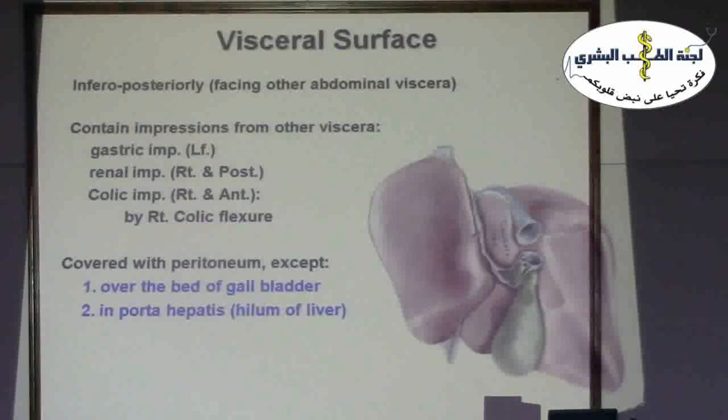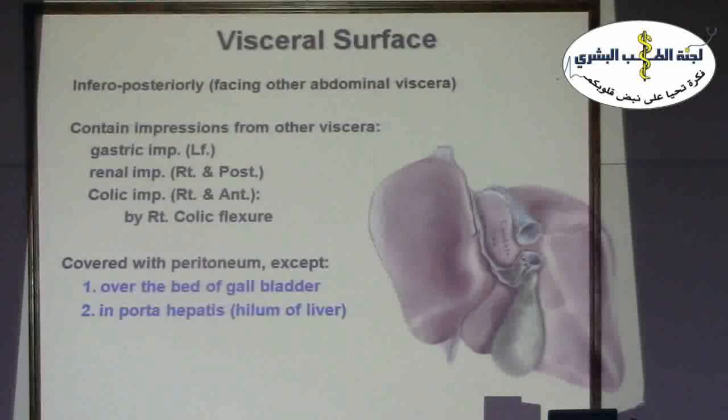Those three, the portal triad, are actually the root of the liver, and they enter and leave through the hilum of the liver. The hilum of the liver has a different name here. You can call it still hilum of the liver, but it has a specific name. We call it the porta hepatis in Latin. Porta means gate, hepatis means liver.